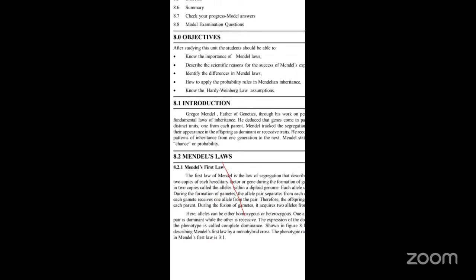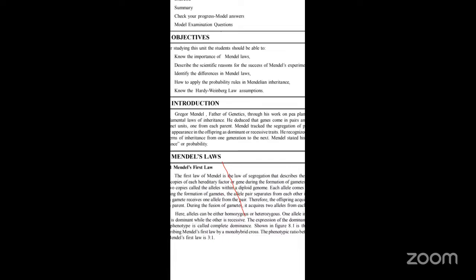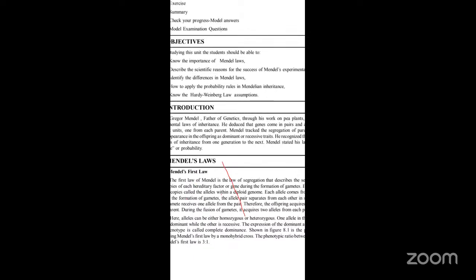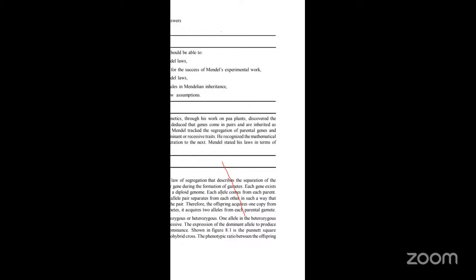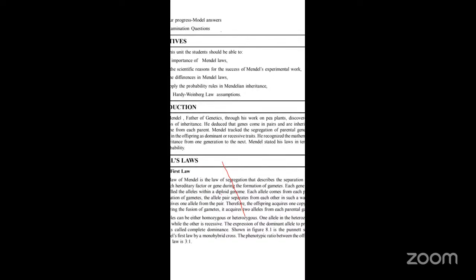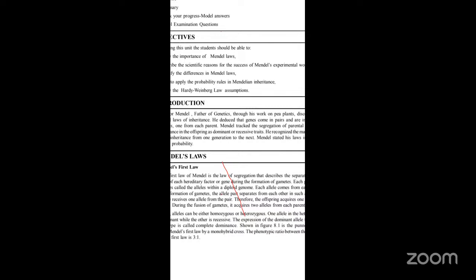The allele pair separates from each other in such a way that each gamete receives one allele from the pair. Therefore, the offspring acquires one copy from each parent. During the fusion of gametes, it acquires two alleles, one from each parental gamete. Alleles can be either homozygous or heterozygous.